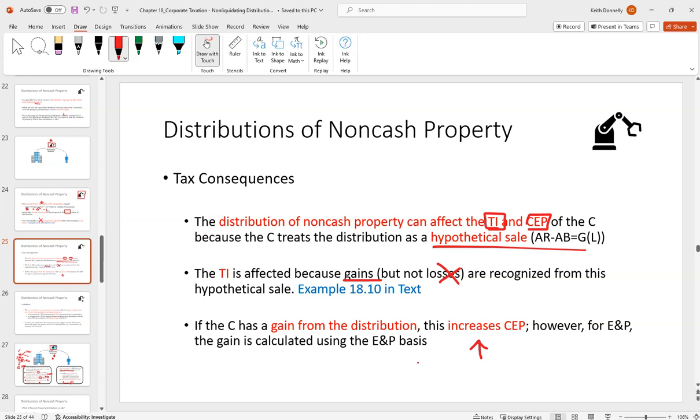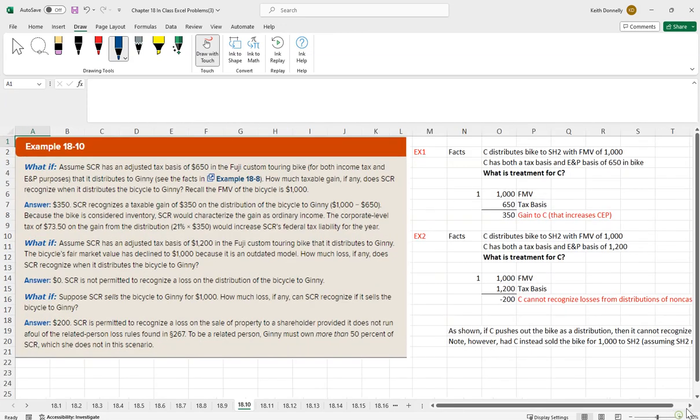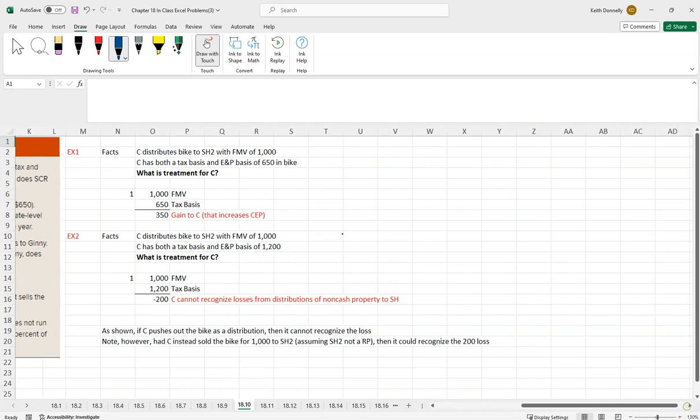We're going to just assume that the gain, whatever the gain was for tax, we're going to assume it was the same for CE&P. We said it potentially could be different because we're tracking bases under different systems. But let's look at 1810 here. We have a corporation.